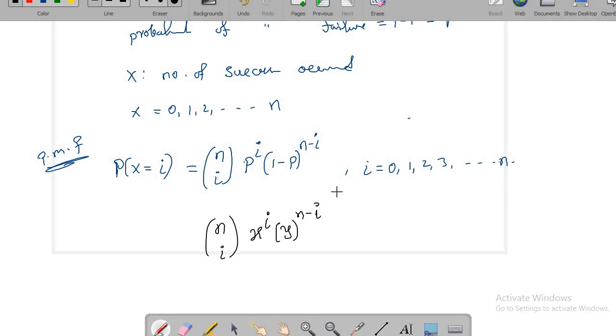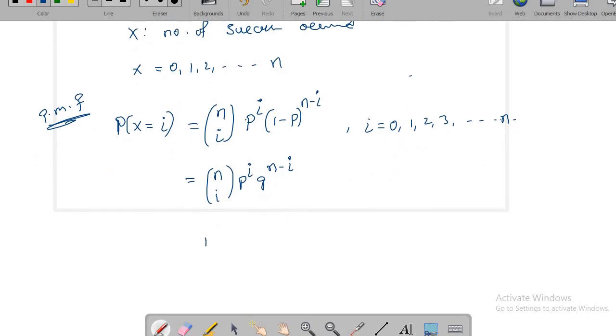Do you agree? Since I am taking 1 minus p equal to q, let me rewrite this. This one can be written as n choose i into p power i into (1 minus p), which we are denoting as q, so q power n minus i. Now it is in this form, that is n choose i into x power i into y power n minus i.